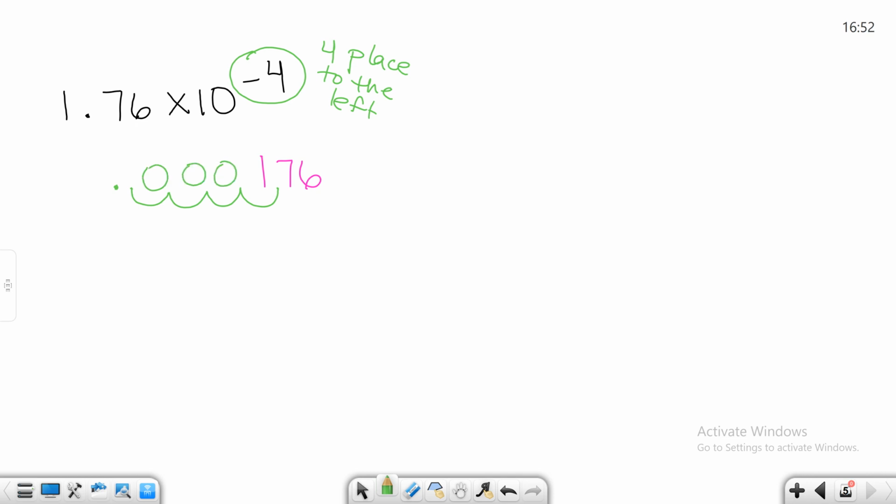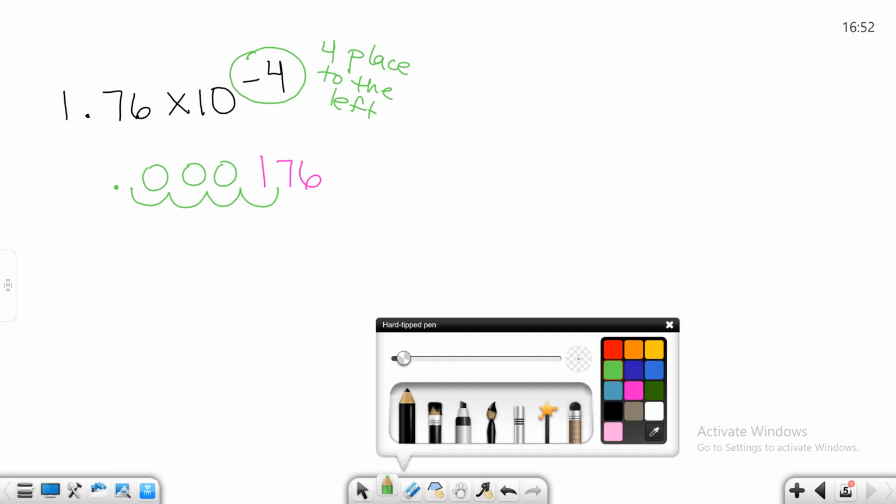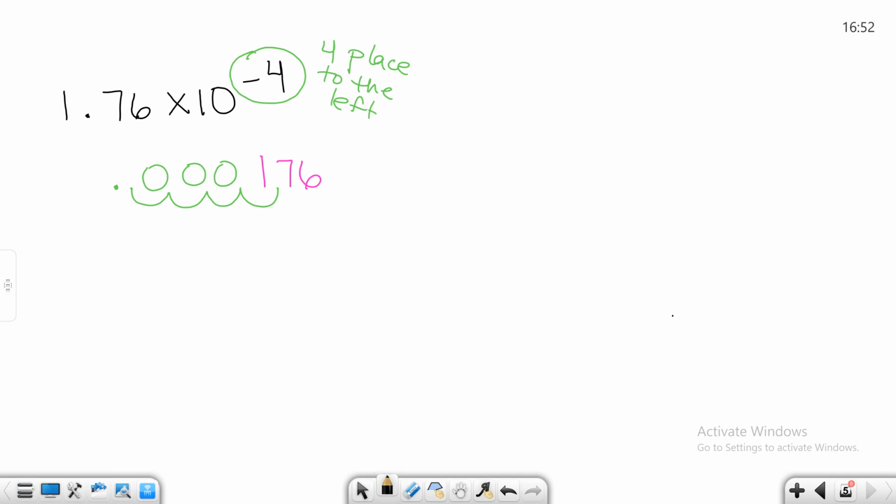So 1.76 times 10 to the negative 4 in scientific notation is equal to 0.000176 back into standard notation. Now I put a leading 0 because it helps me remember that any number that starts with a 0 should have a negative exponent.